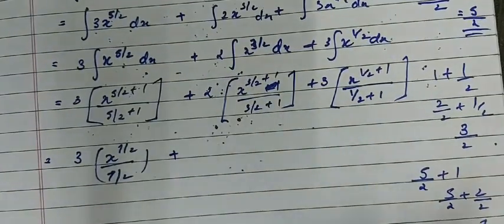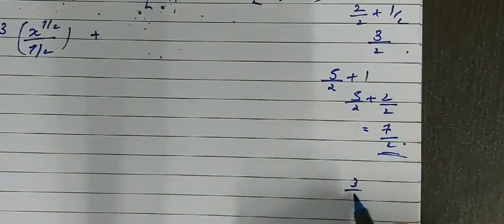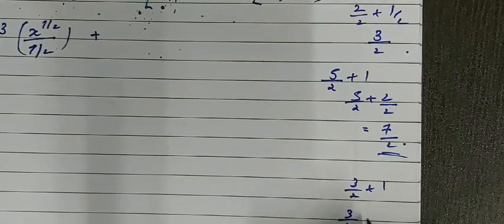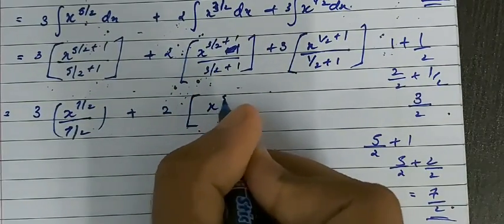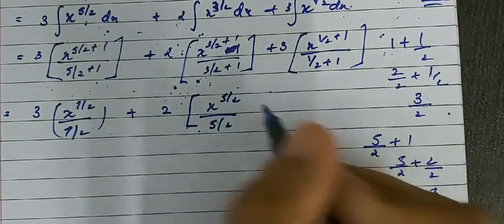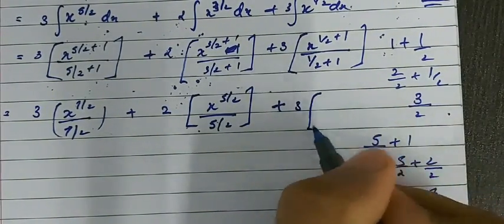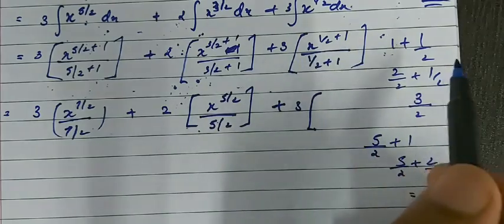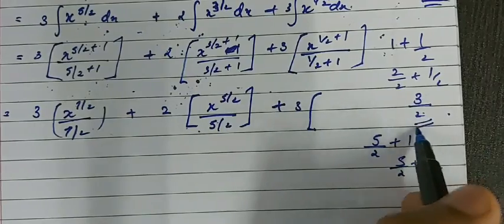What is 3/2 plus 1? 3/2 plus 2/2 is 5/2. So we apply here 2 into x raised to 5/2 over 5/2, plus 3 into x raised to 1/2 plus 1. 1/2 plus 1 is 3/2, we have already done it previously.